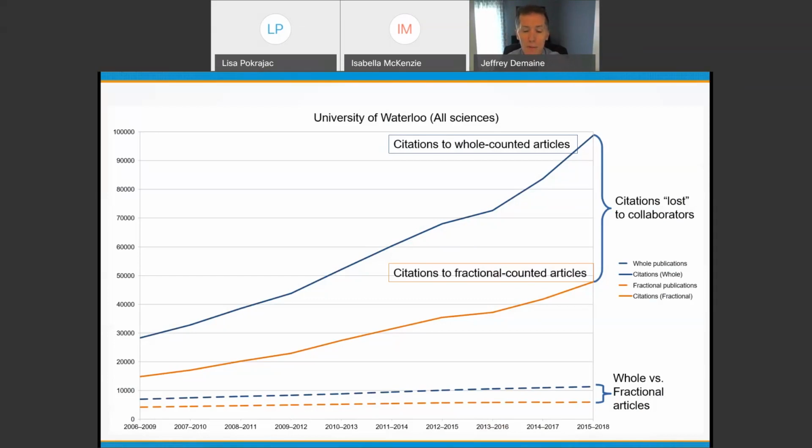Graphically speaking, here we're looking at citations, not articles per se, but it's the same effect. The whole counted articles are the blue line, and you'll see that that's increased quite a fair bit. But when you get down to fractionally counting the citations to those same articles, you'll see that the slope is increasing at a much slower rate.